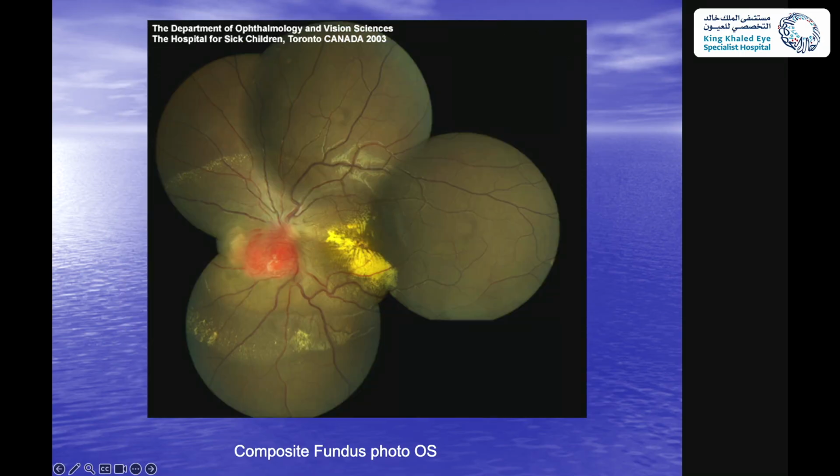Here's a composite fundus photograph of the left eye showing the larger extent of the fluid. You can see the exudate, almost like a watermark, that extended almost a couple of disc diameters from the vascular tumor.